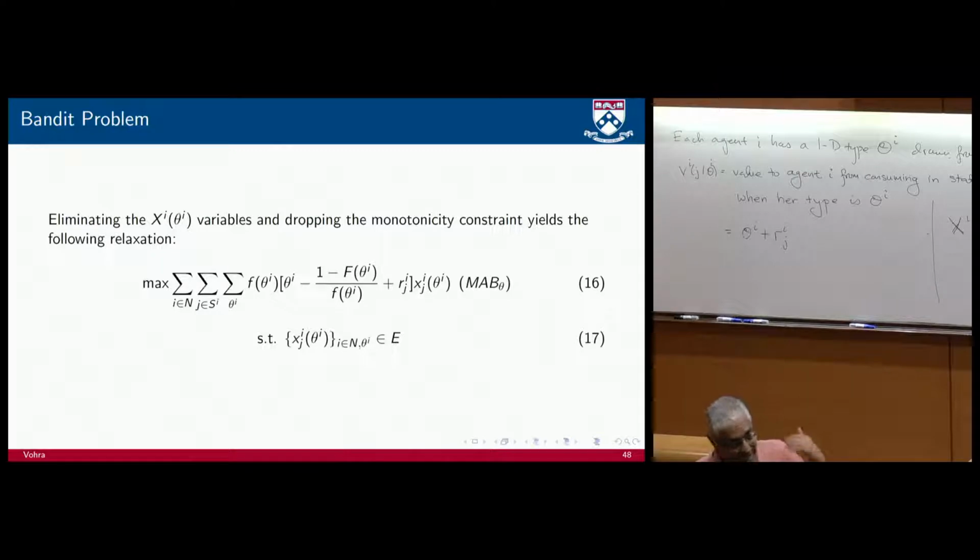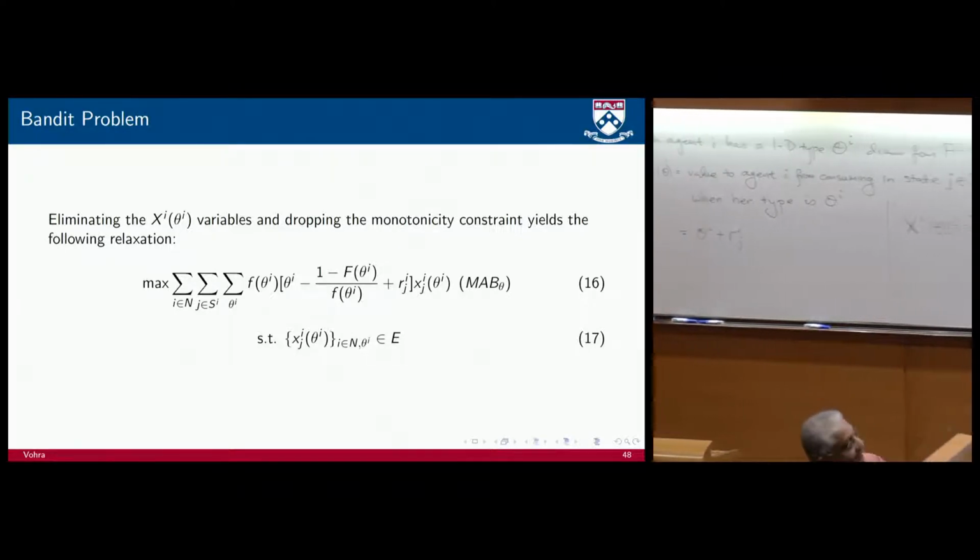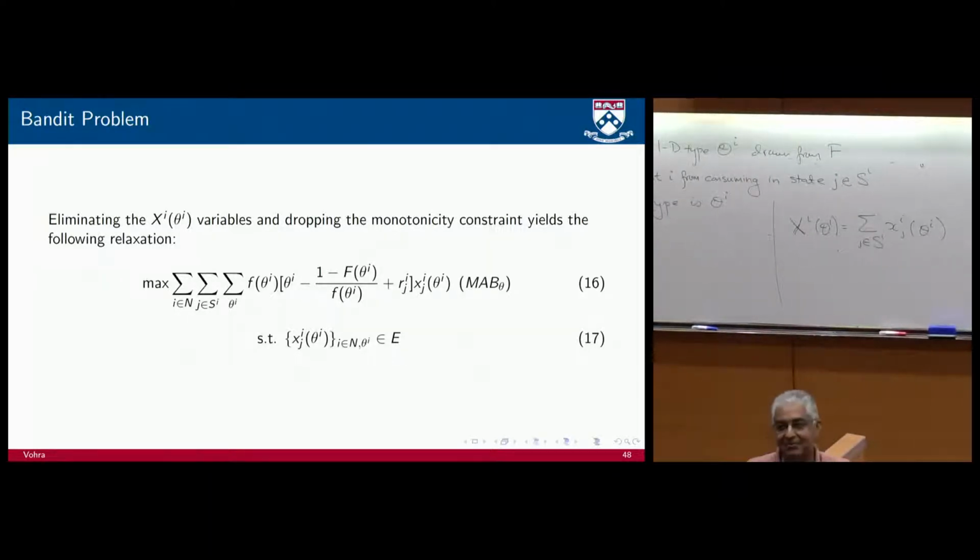All that matters is to take the incentive compatibility constraints into the objective function with Lagrange multipliers, give them a new name, virtual values, okay, and then hopefully the resulting optimization problem can be solved by a greedy algorithm: give it to the person with the highest virtual value. Okay?